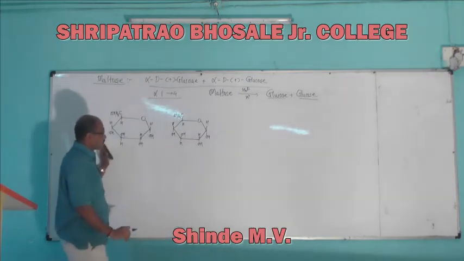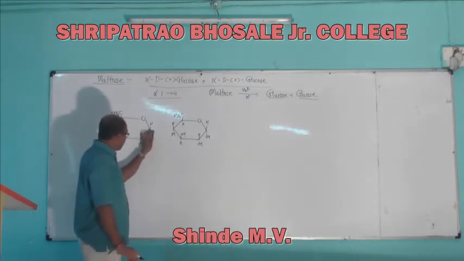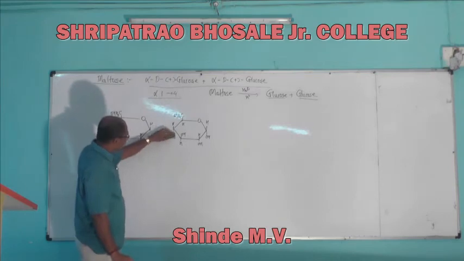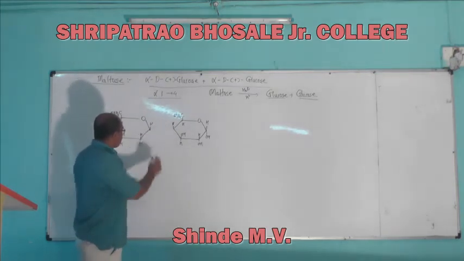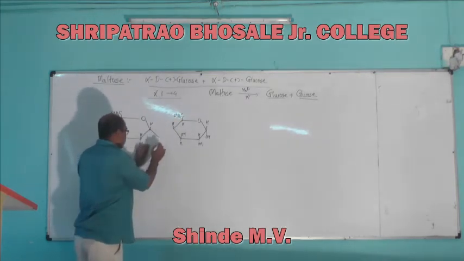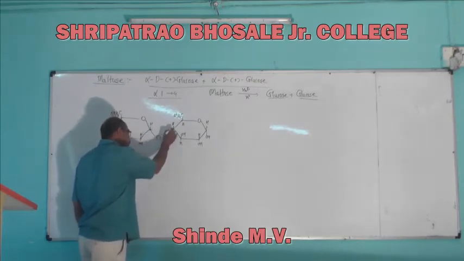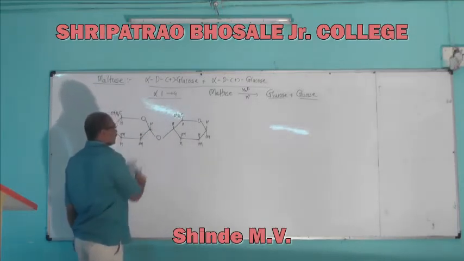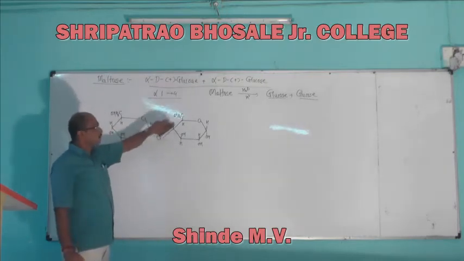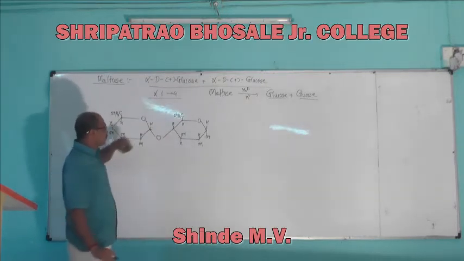These two molecules have a glycosidic linkage between C1 of one glucose unit and C4 of the other glucose unit.